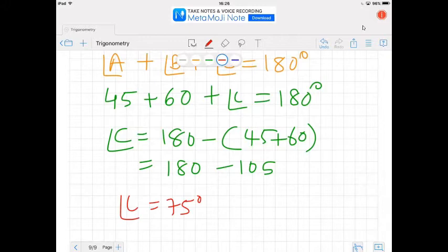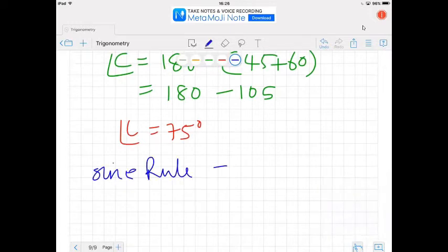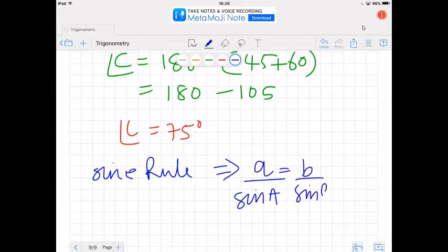So ratio of the sides of the triangle मतलब क्या? हमें A is to B is to C निकालना है. ठीक है, ratio of the sides. Now, what is sine rule? What does sine rule tell us? According to the sine rule, we know that small a upon sine of capital A is equal to small b upon sine of capital B, which is also equal to small c upon sine of capital C. This is the sine rule, okay?